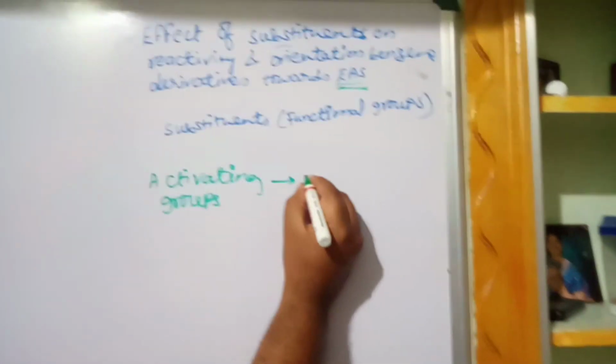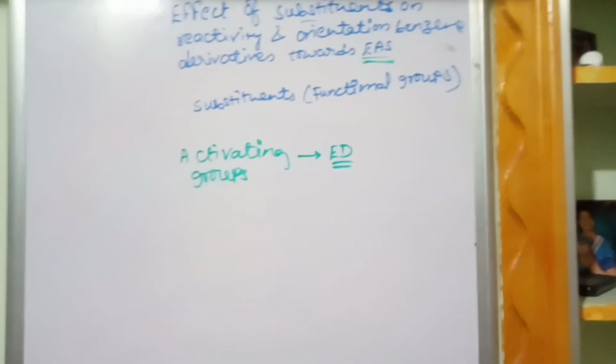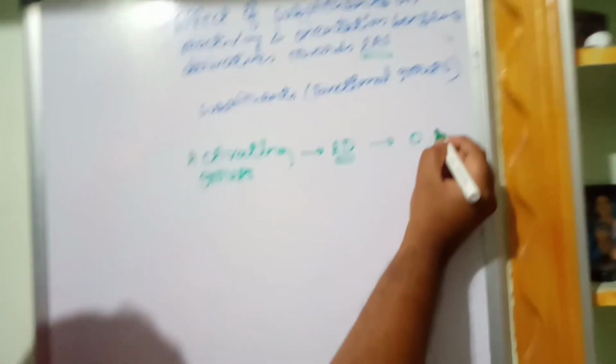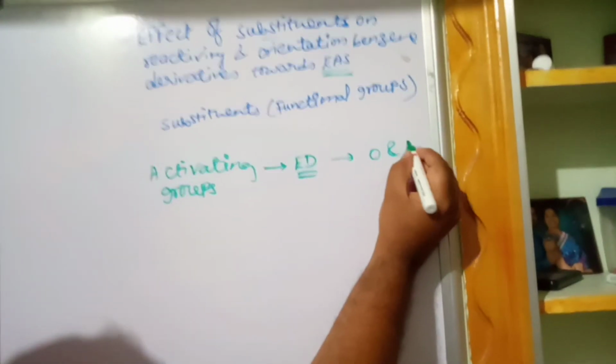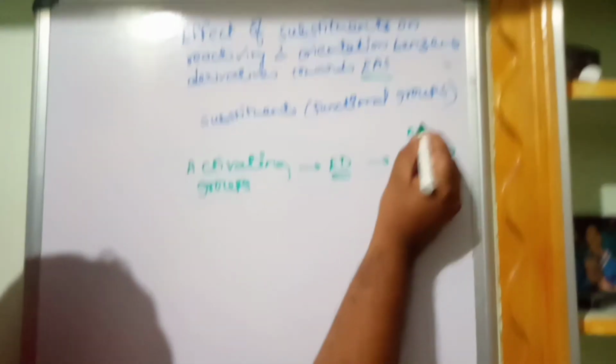Activating groups are the electron donating groups. You have seen the electron donating groups. Where do they orient? They orient at ortho and para positions. This is orientation.